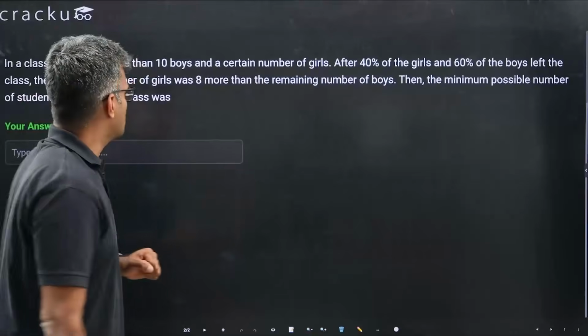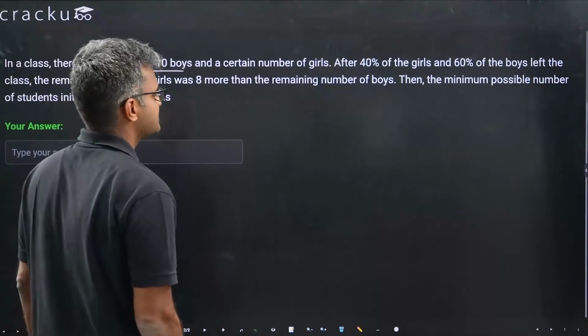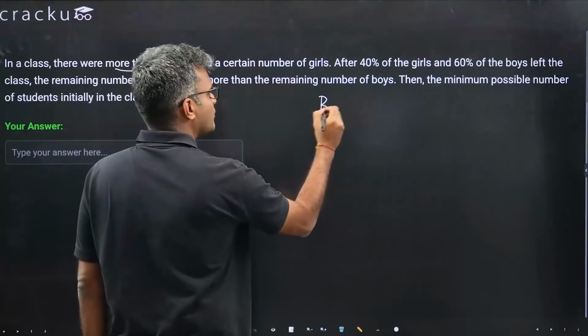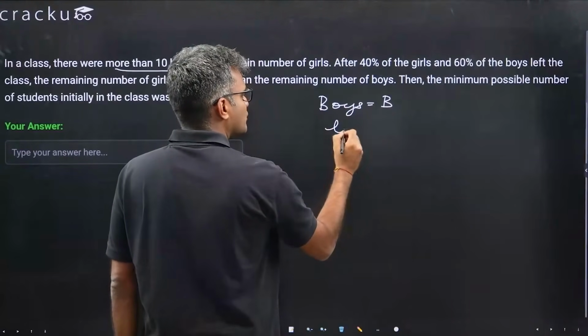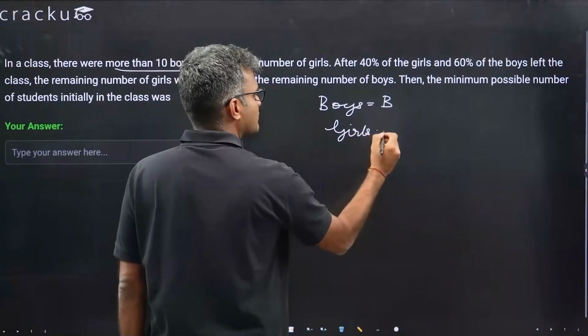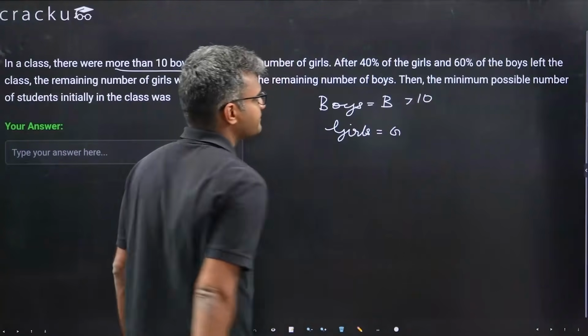In this question, we are told that there were more than 10 boys and a certain number of girls in a class. Let us assume that the number of boys is equal to B and the number of girls is equal to G. We are told that the number of boys is greater than 10.